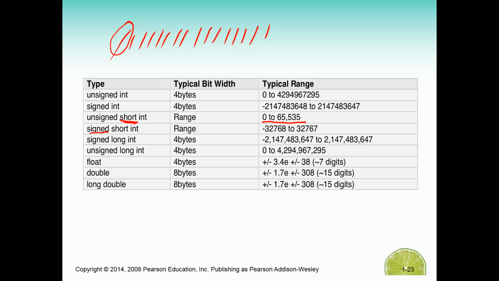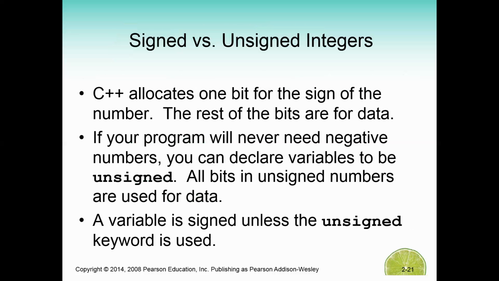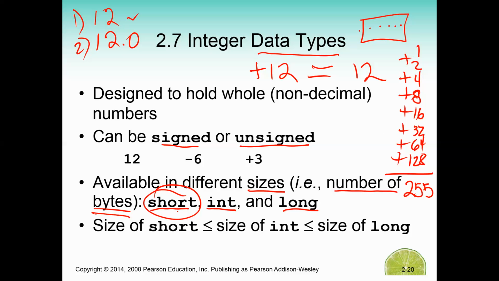So the maximum number that I can represent with 15 bits is going to be 32,768. When it's off, it's going to be negative. When it's on, it's going to be positive. But it's exactly the same number. So when I have a short integer, this is going to be using how many bytes in main memory? 2. Everybody with me so far?